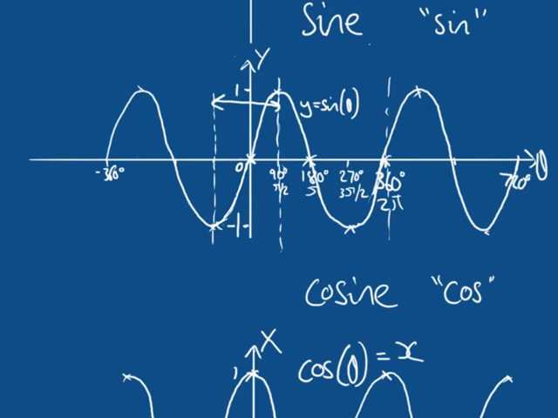We can see there's only ever one value of theta for each value of our sine of theta. So we're going to get a consistent value.